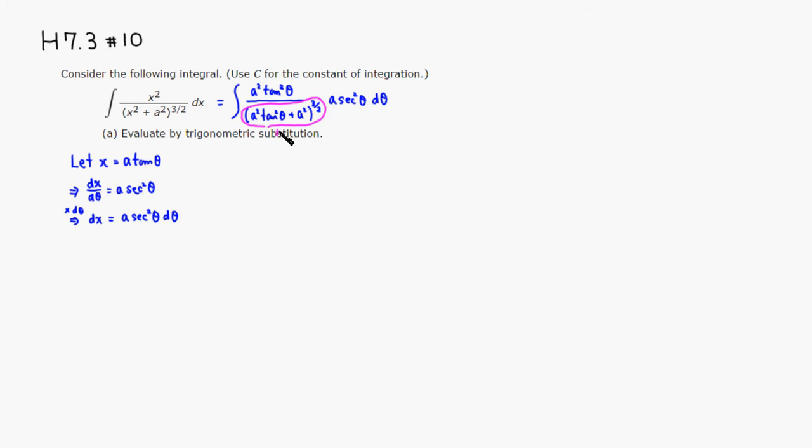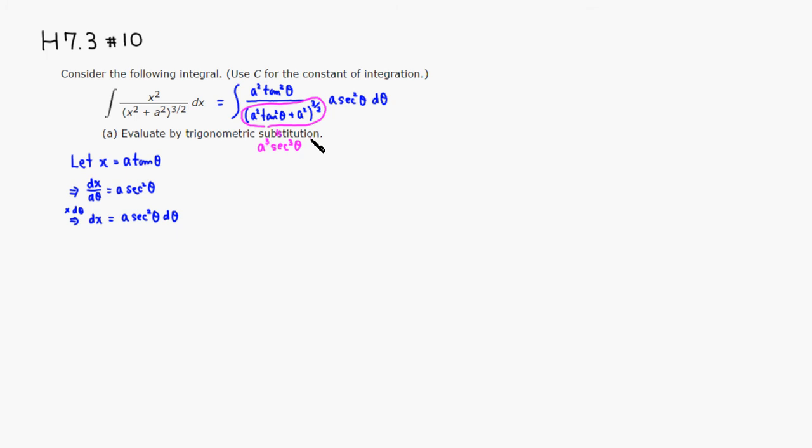What's left is tangent squared plus 1, which is secant squared, and a secant squared raised to the 3/2 power is secant cubed. So we put a cubed and we have a secant cubed of theta.